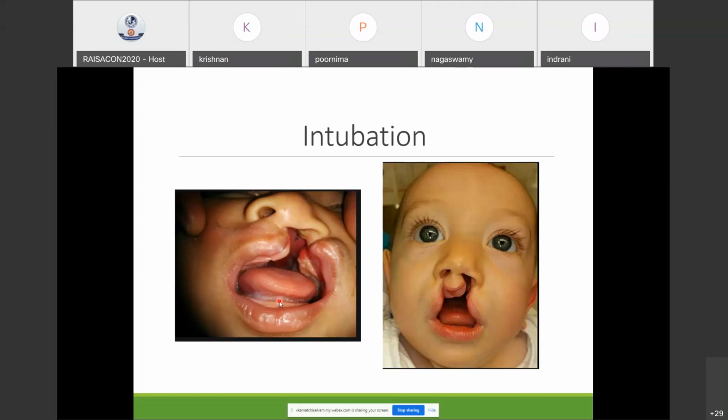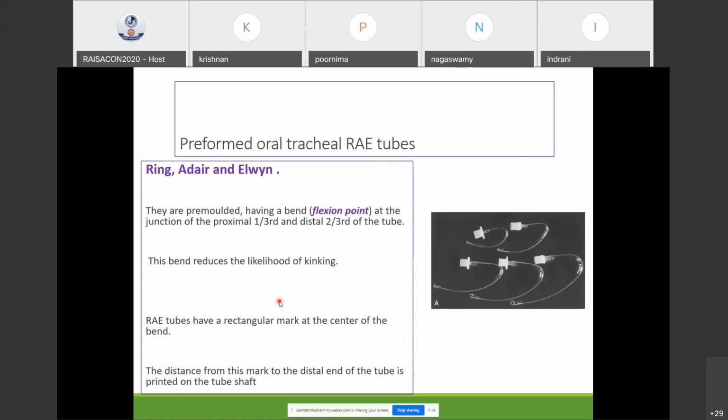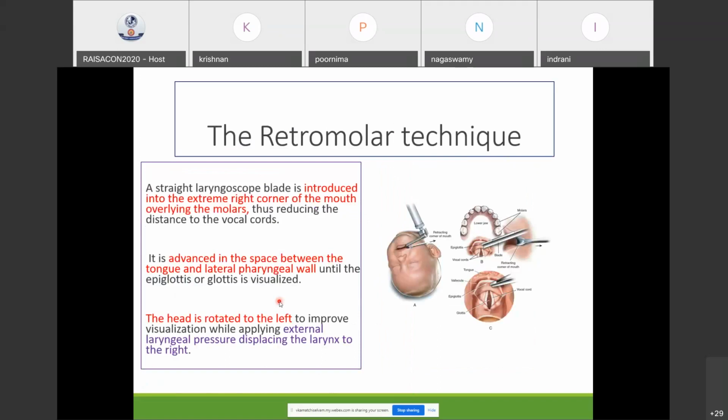Yes, sir. We can use a video laryngoscope. In using a laryngoscope, we can use a paraglossal approach, sir. In the paraglossal approach, we use a straight Miller blade and introduce the blade through the right side of the mouth.